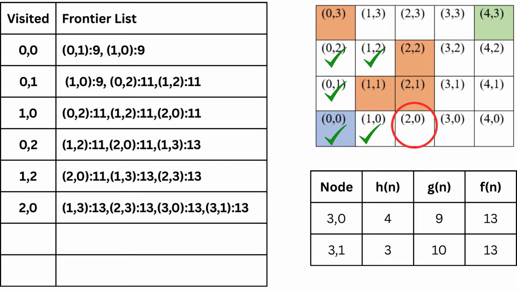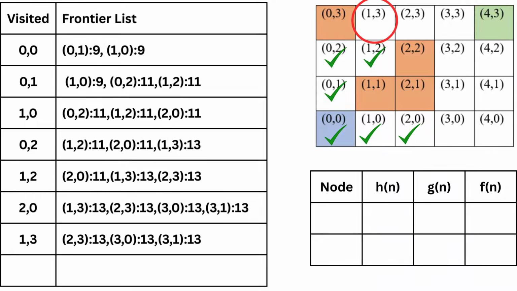The next node in the queue is 2,0. From 2,0, it can either move to 3,1 or 3,0. The cost of both movements is 13. We will write 3,0 first as it has a smaller y coordinate, since the x coordinate of both nodes is the same. 2,0 has been visited.